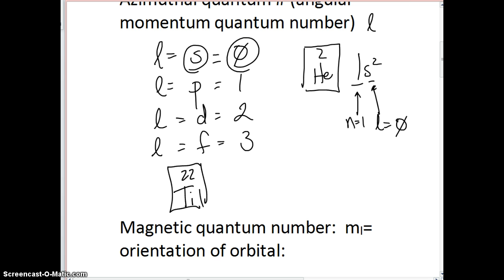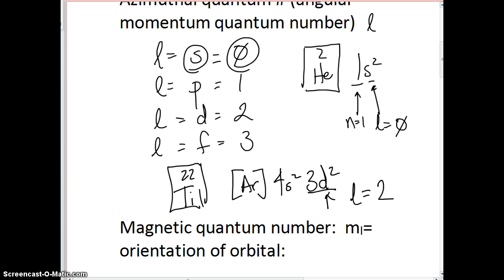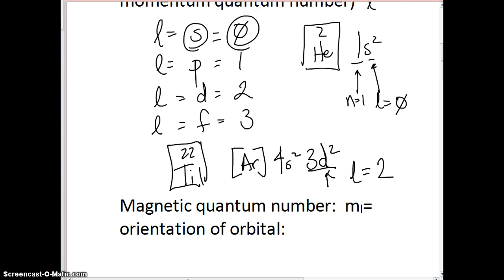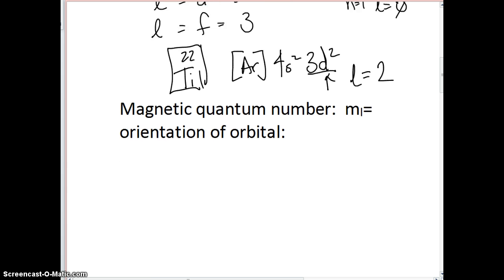If we were going to do the noble gas electron configuration for titanium, we would do argon, and then we would go into our 4s2 and 3d2, just like that. So if we were describing an electron in this highest energy level, it would be a d. And so we would say that l is equal to 2 for that electron. And you'll see how this all plays out here real quickly.